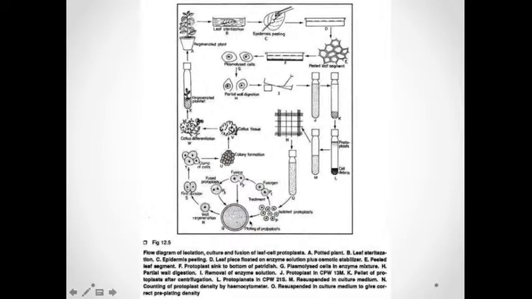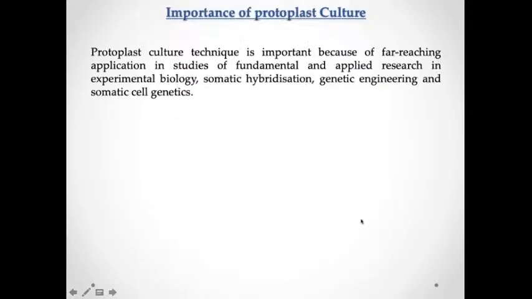In the plate, further division and fusion of these protoplasts happens, leading to wall regeneration. Then divisions, clumps of cells, clonal formation, then callus tissue forms. Then from callus differentiation you have whole regenerated plants. So remember these figures for the protoplast culture.